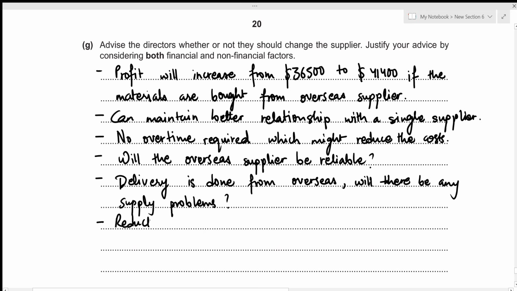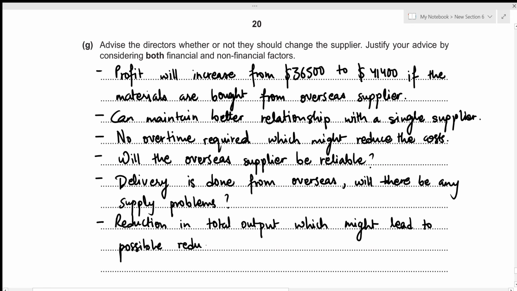So reduction in total output, which might lead to possible reduction in customers.